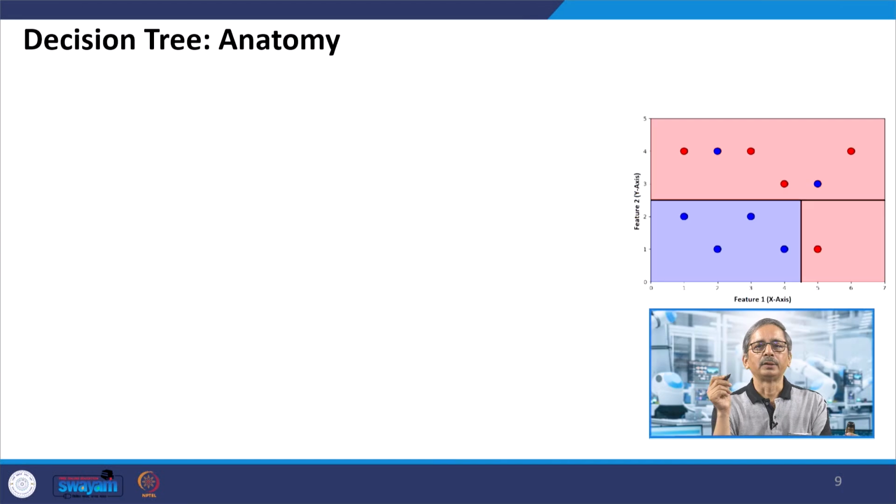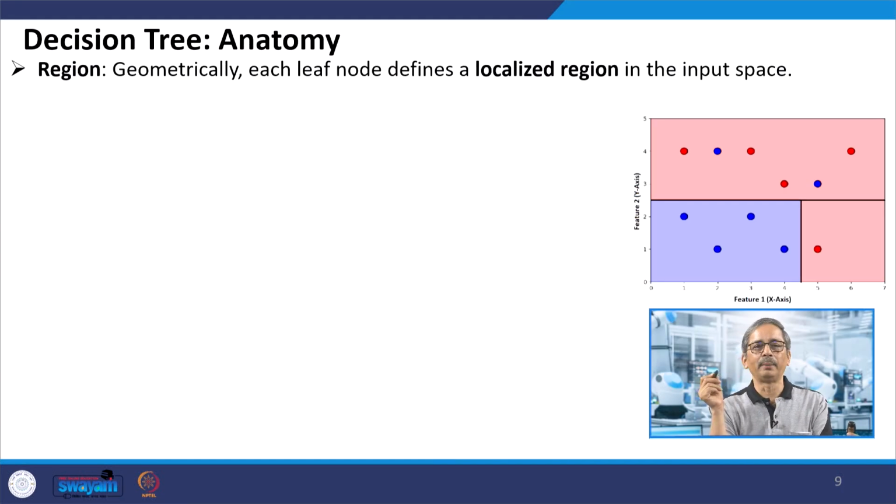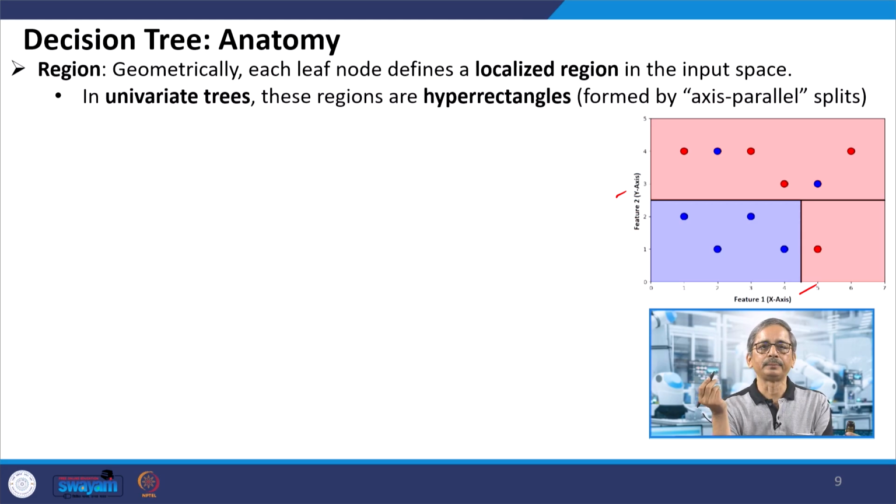Let us take an example. Say we have feature 1 and feature 2, and two types of data, one blue and one red. Each leaf node defines a localized region geometrically in the input space.